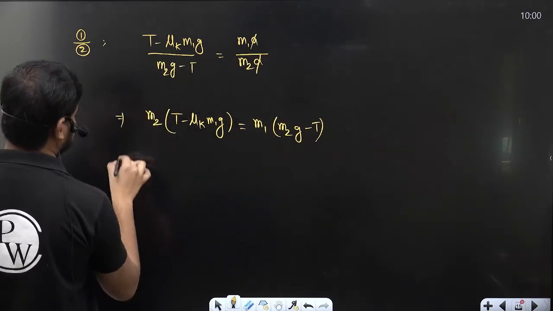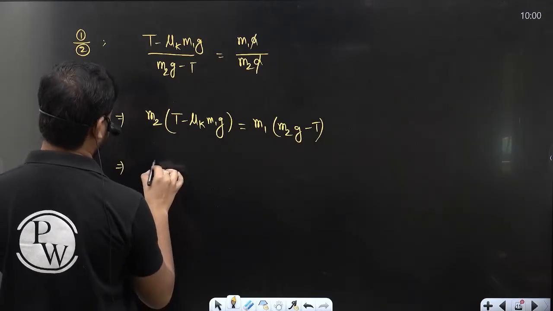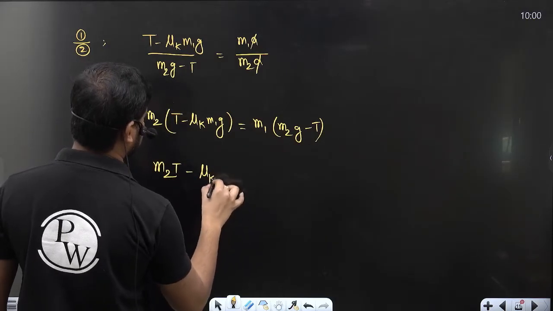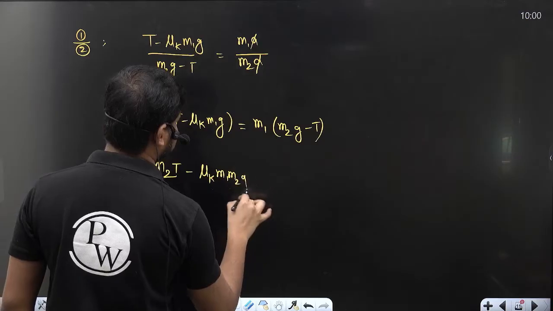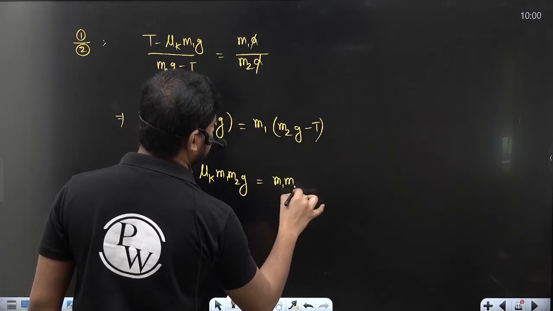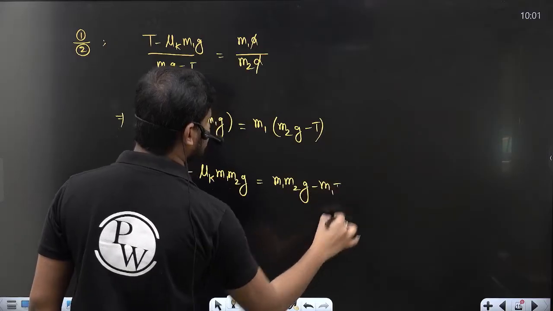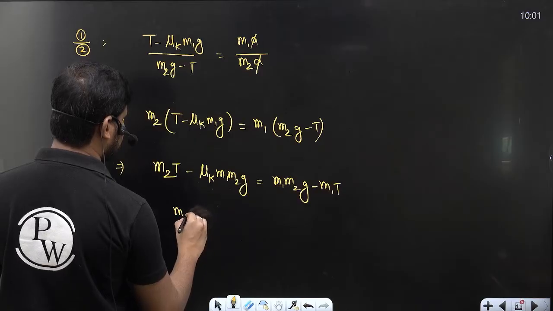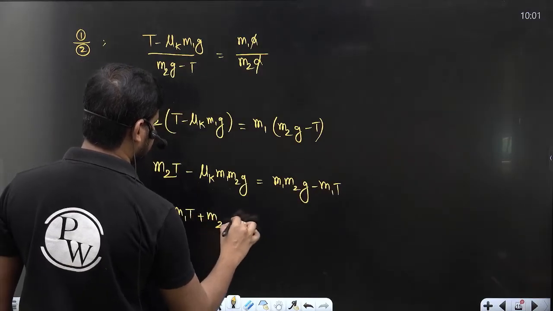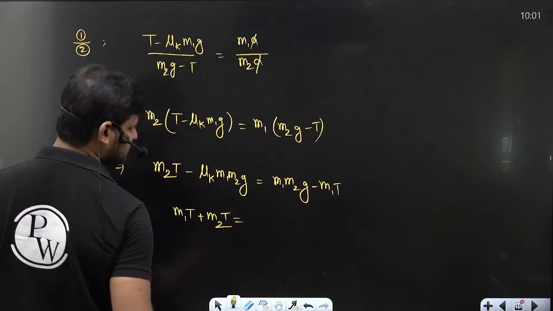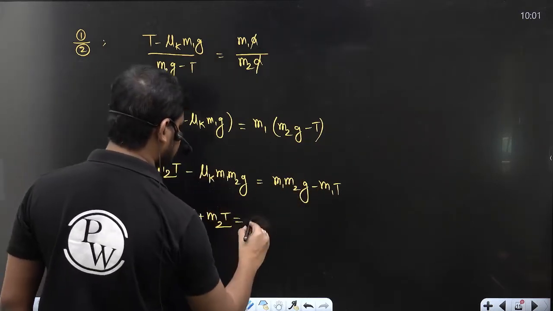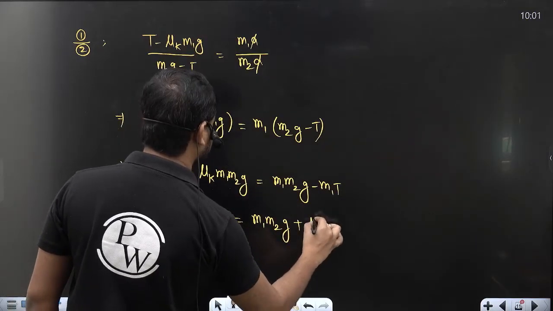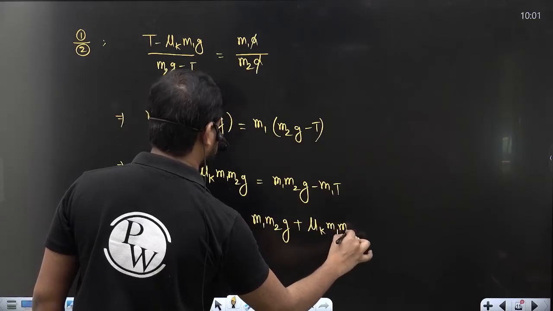So let's write this one. m2T minus 𝜇k m1 m2g is equals to m1 m2g minus m1T. Let's bring the T terms to one side. Bringing this to this side, m1T plus m2T is equals to, sending this to that side, m1 m2g, this becomes plus 𝜇k m1 m2g.